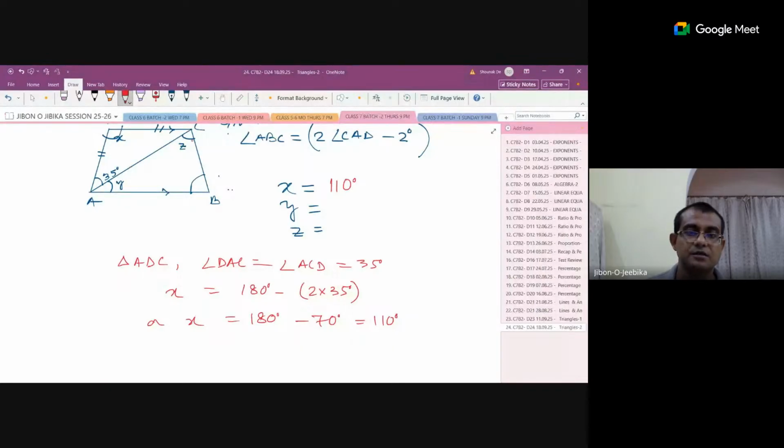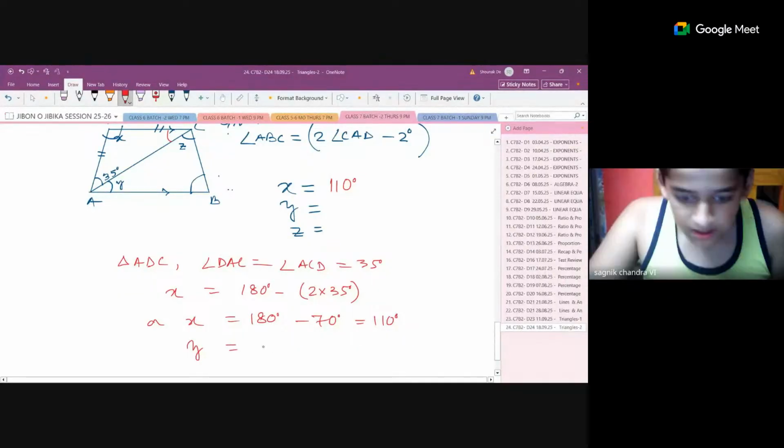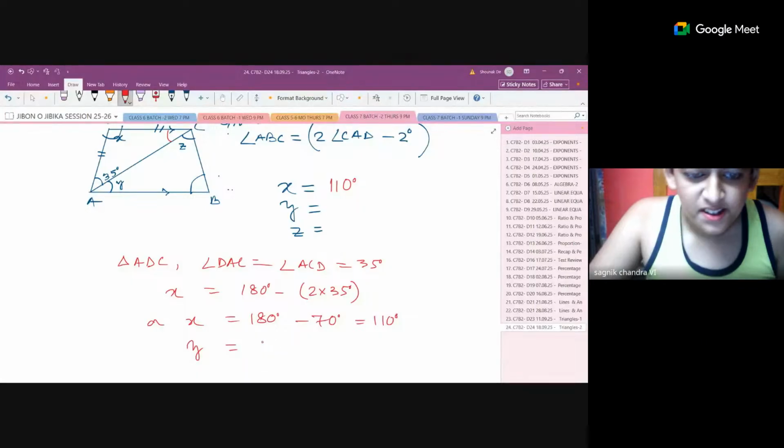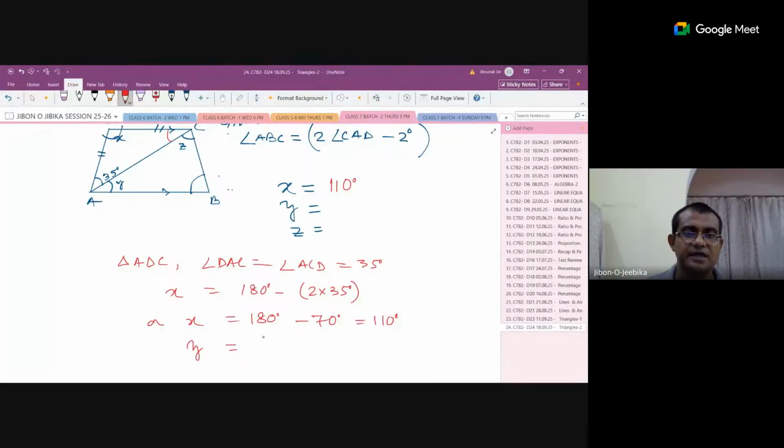Yes. Then y. So y is equal to angle ACD. Y is alternate, right? So here alternate angle.